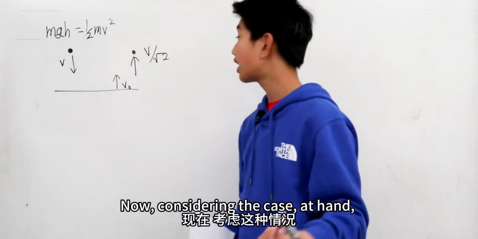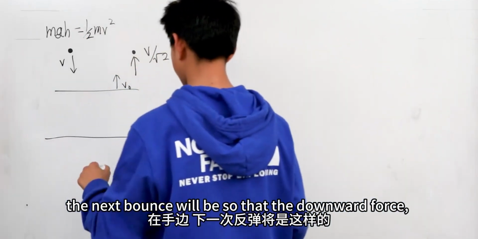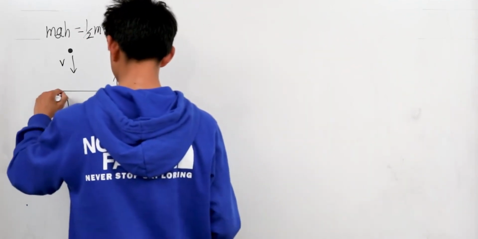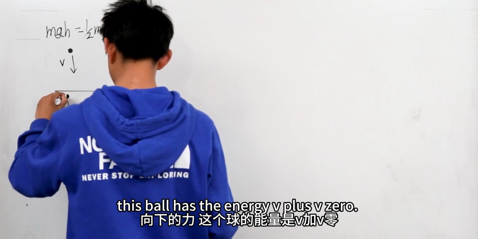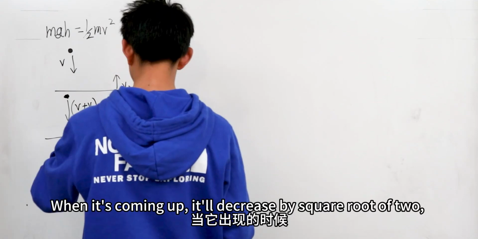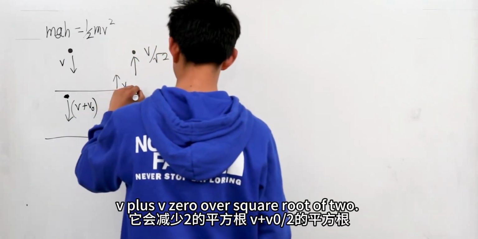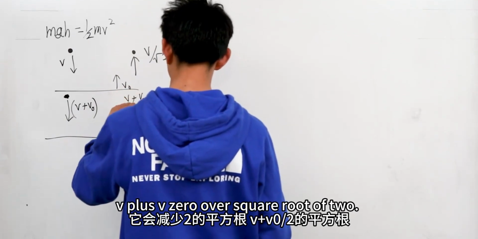Now, considering the case at hand, for the next bounce, the ball coming down has speed v plus v0. When it's coming up, it'll decrease by the square root of 2, so it's v plus v0 over square root of 2.